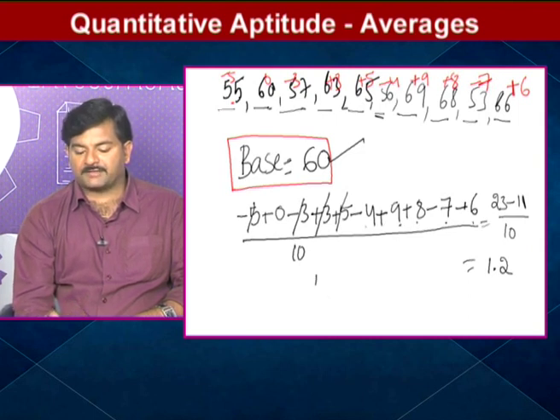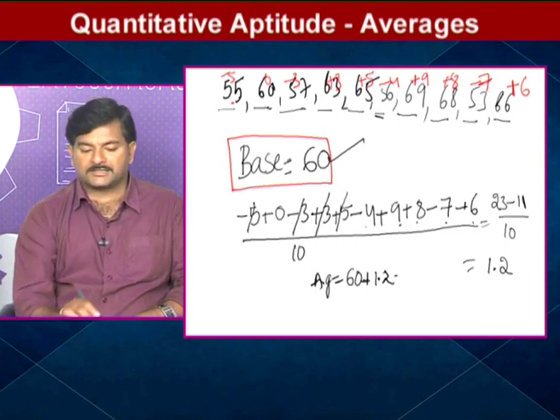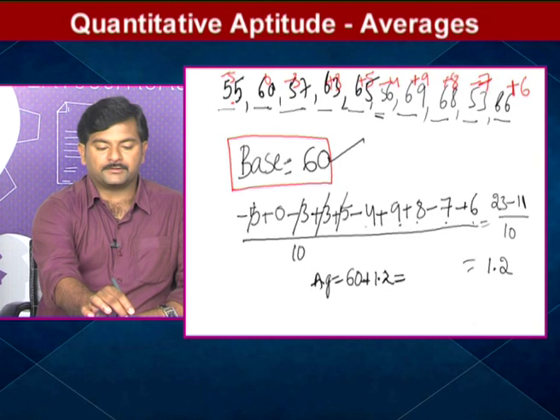Average of the given numbers, that is equal to what you can write here, 60 plus 1.2. So 60 plus 1.2 means what is our final answer? 61.2.